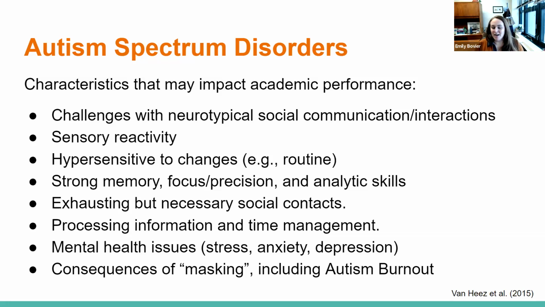So it's necessary social engagement, but it can be exhausting. And more so for someone with autism, above and beyond what we would typically see for someone who may be introverted and needs extra time to recharge from a social contact, because of having to navigate an environment designed for neurotypical people and engaging in social expectations from neurotypical people.